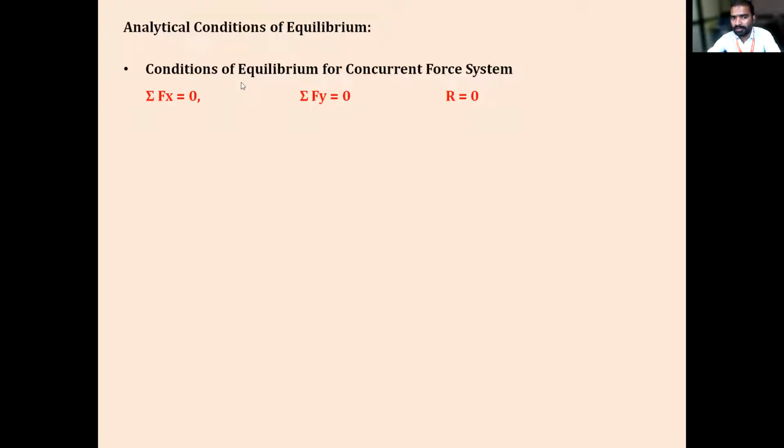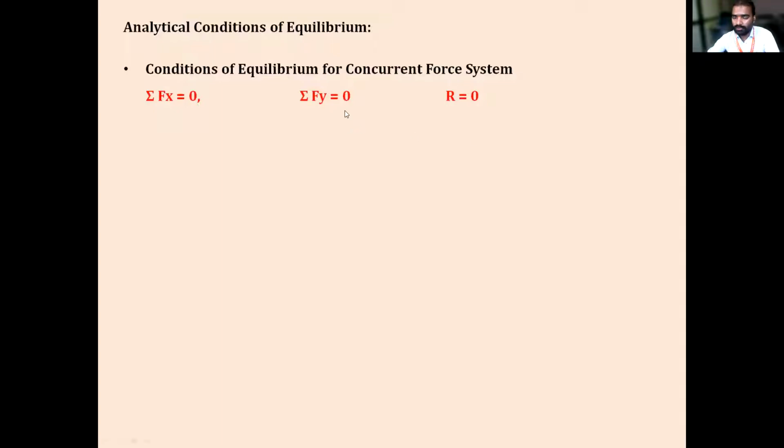What are the conditions of equilibrium? Sigma Fx is equal to 0, sigma Fy is equal to 0. It means R is equal to 0. What is sigma Fx equal to 0? The algebraic sum of the horizontal components of all the forces along the horizontal direction is equal to 0.